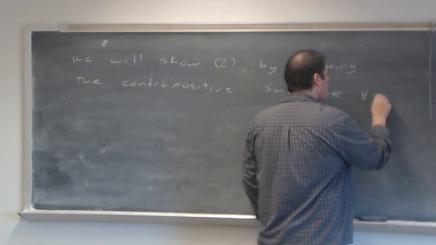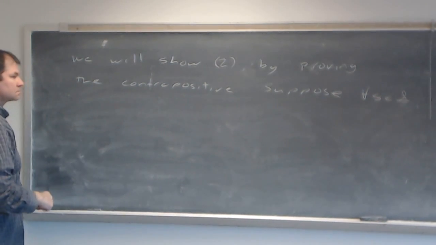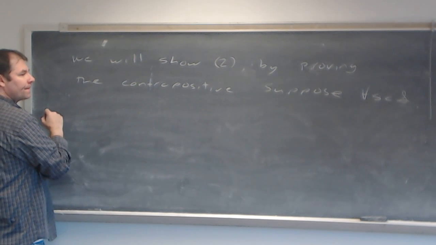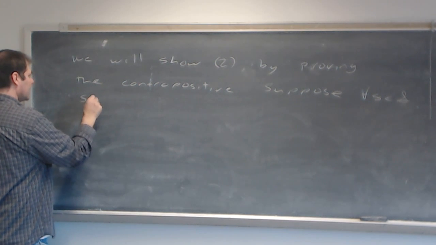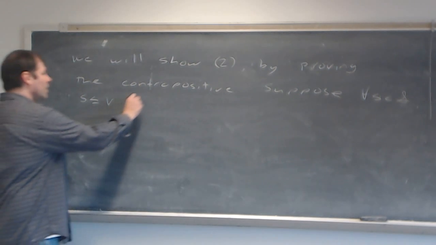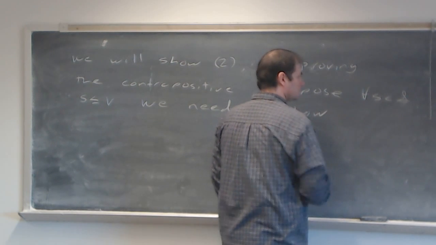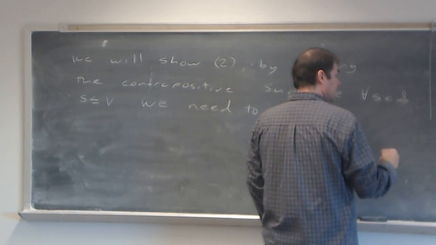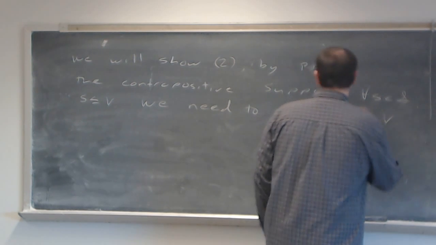So suppose for all S element of script S, the opposite would be that S is less than or equal to V. We need to show the opposite of our hypothesis for 2. That is, we need to show that U is less than or equal to V.